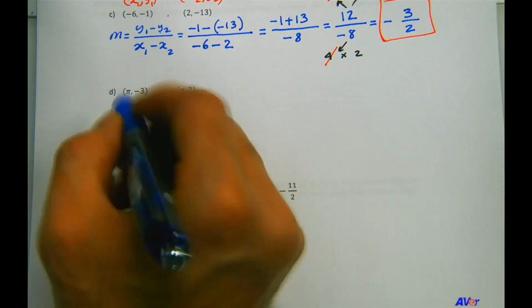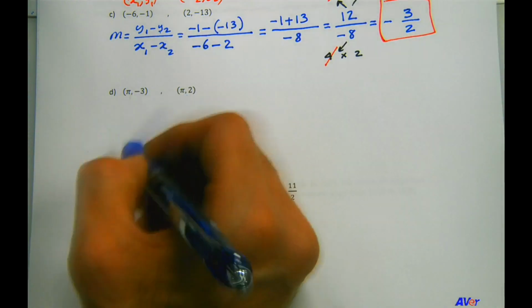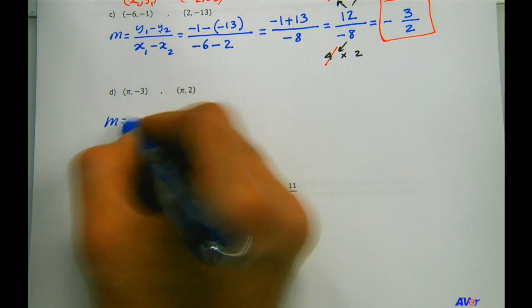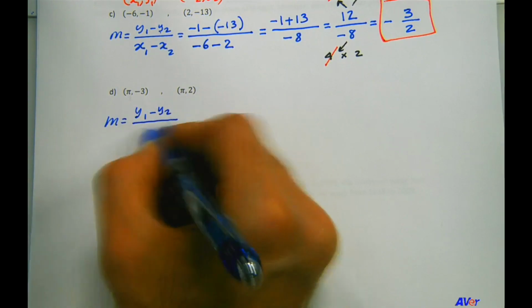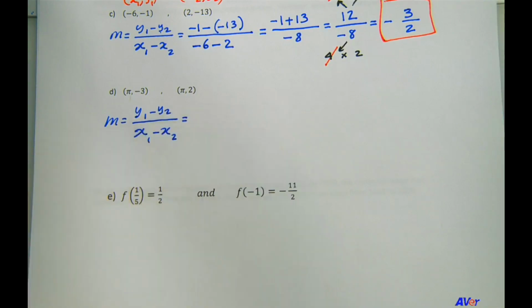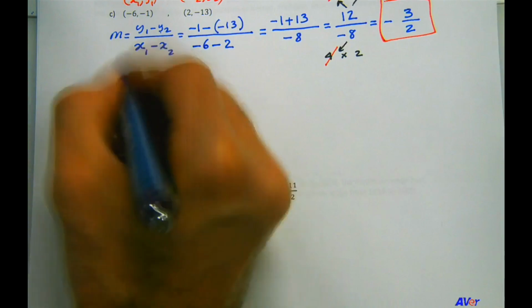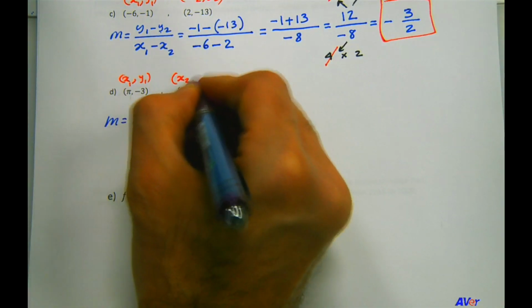We should be able to find the slope of the straight line that connects these 2 points. So the slope formula is y1 minus y2 divided by x1 minus x2, equals, so let's label these. We have x1 comma y1, x2 comma y2.